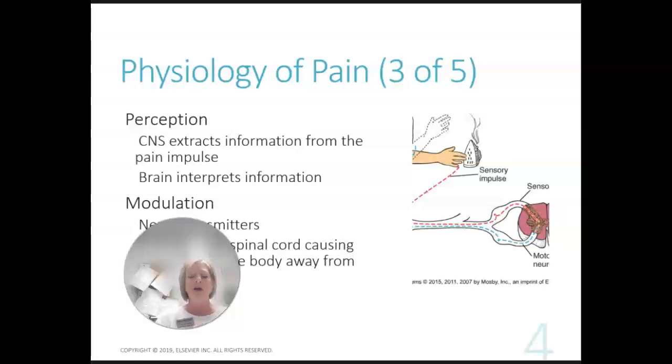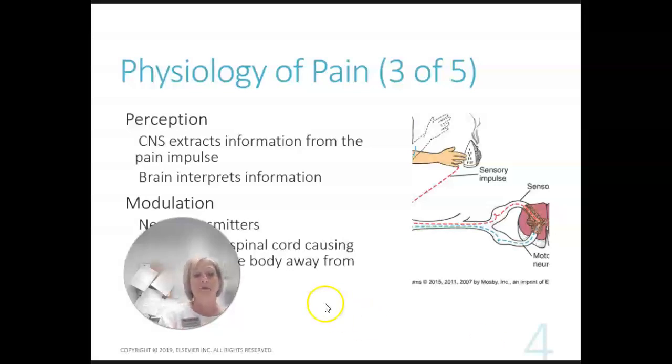Remember we talked about the excitatory neurotransmitters. These are the ones that modulate and try to help us with our pain, and our body produces those too, like serotonin and endorphins. Our body automatically produces those for us and helps control our pain through those neurotransmitters.